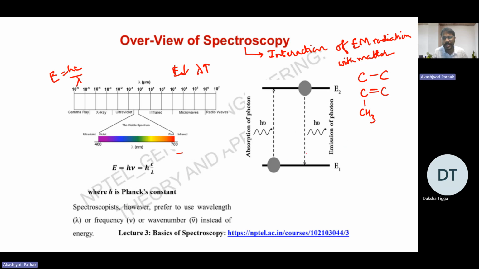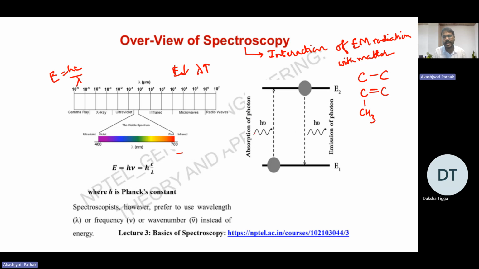So what happens is the electrons are arranged in specific molecular orbitals. When you excite your molecule with an electromagnetic radiation, this electron will absorb the energy of the electromagnetic radiation. Electromagnetic radiation is composed of photons. Each of these photons has an energy, h nu.